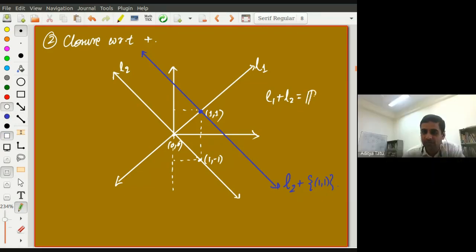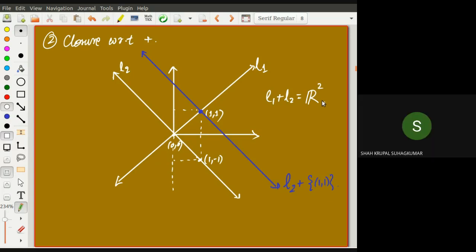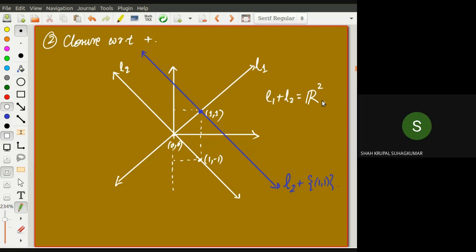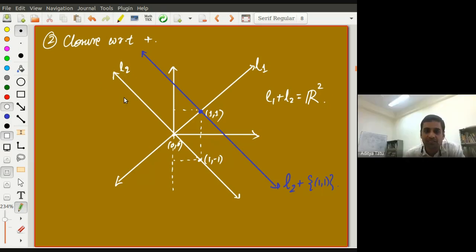It has to be R2, the entire XY plane. Yes. Okay. Yes, sir. And if you want to consider a third line here, L1, L2 and some third line, for example the x-axis itself, that also is a line. What would be L1 plus L2 plus L3?